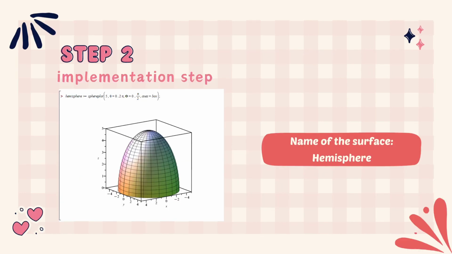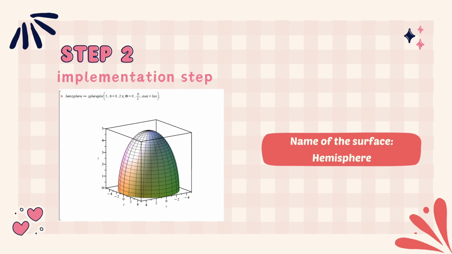For the second step, I insert sphereplot, open bracket, phi, theta equals 0 until 2 pi, phi equals 0 until pi over 2, and axes equals boxed, close bracket.